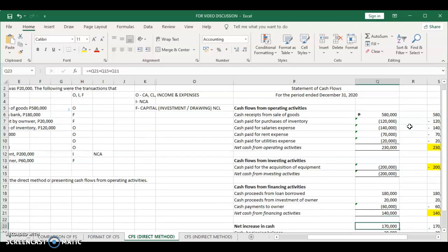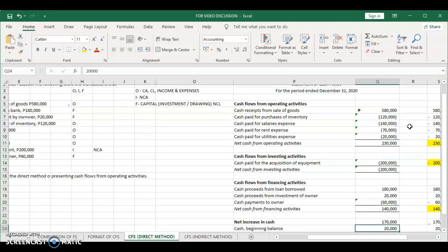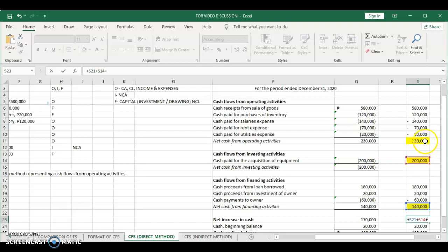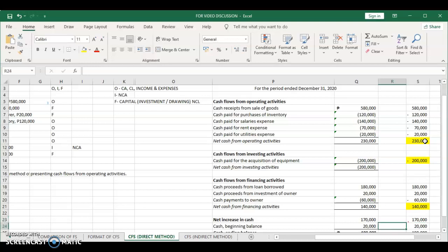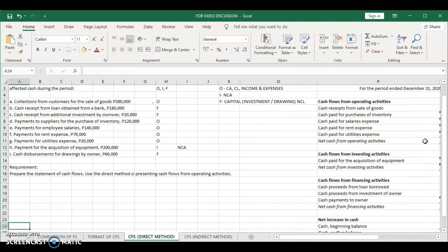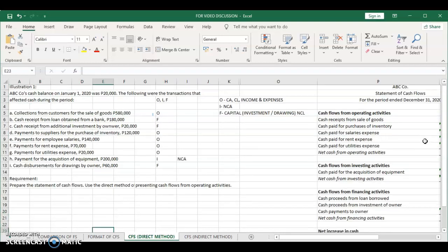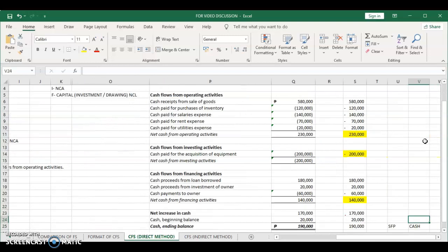We will just add these three, class: 140,000, 200,000, and 230,000. I have a formula here, as you can see, 140, 200, and 230. So that is 170. And take note, there was a beginning cash of 20,000. So we will add the 20,000 here after the net cash increase.